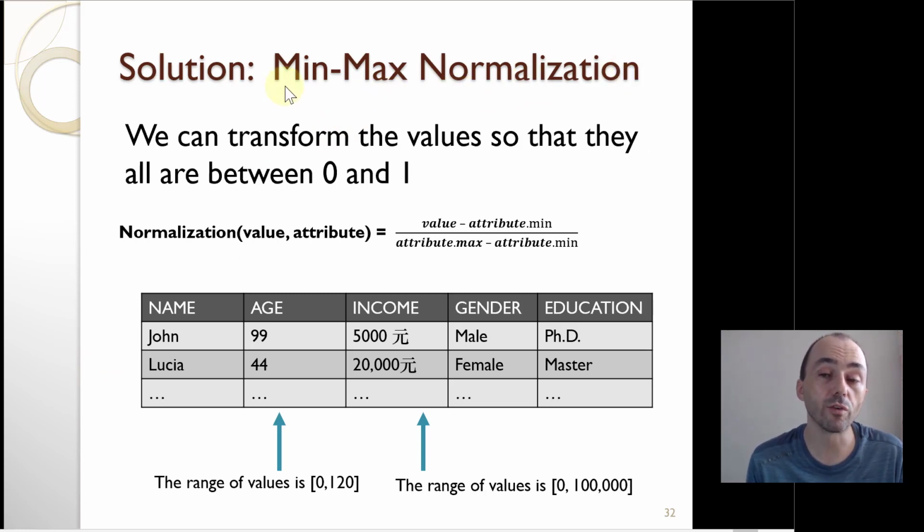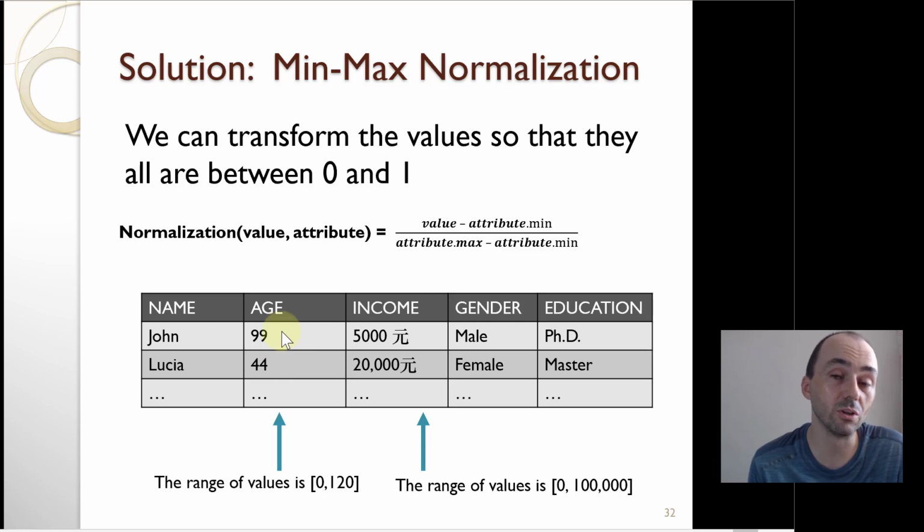We can use, for example, the min-max normalization. So that means all the numbers we have, we will change them to values between 0 and 1. So how to do? Normalization of a value for some attribute will be the value minus the minimum for this attribute divided by the maximum for this attribute minus the minimum.